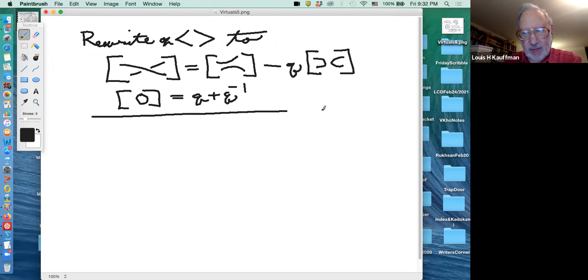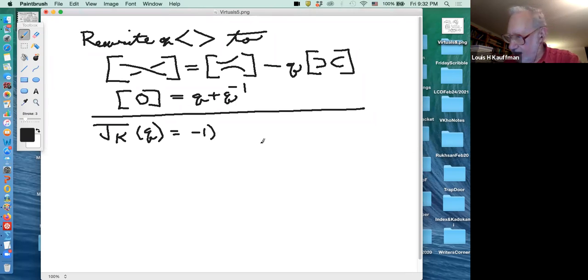And what we found last week is that you can normalize it by defining J_K of q to be equal to (-1)^n_- q^(n_+ - 2n_-) times the bracket of K of q.